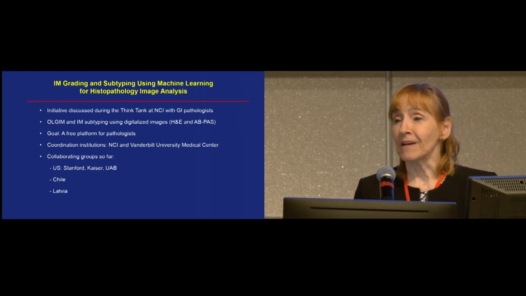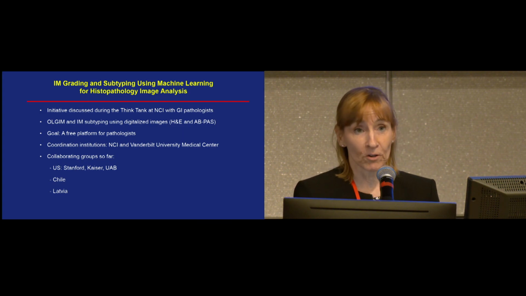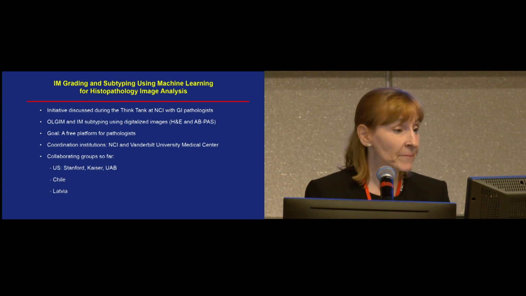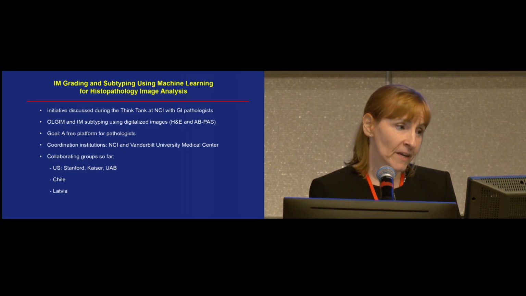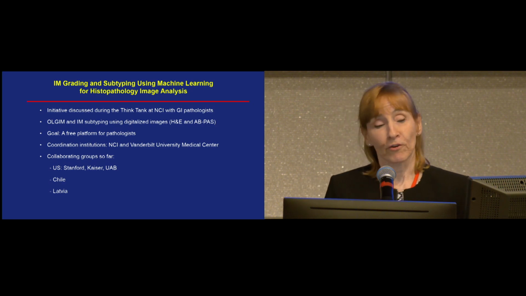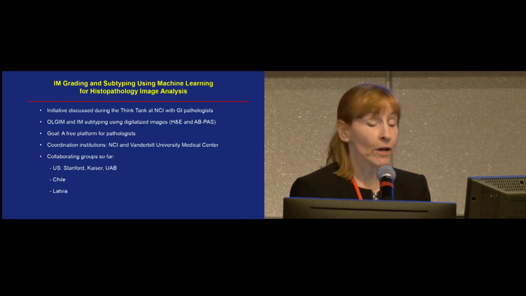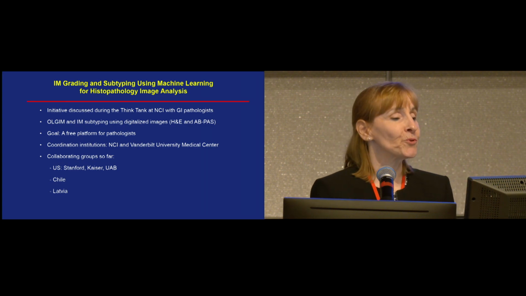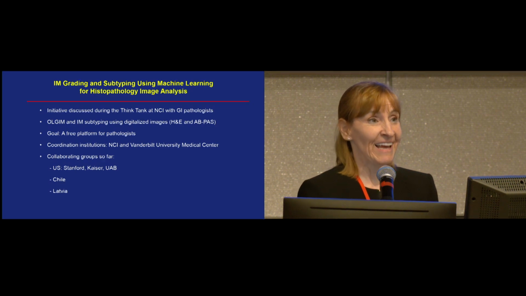So this was an initiative discussed during the think tank and NCI with the pathologists Kay Washington and Robert Genta. And the idea would be to do the OLGIM and subtyping of metaplasia using the images. So we will need for that H&E and Alcian Blue Pass. And the ultimate goal is to build a free platform for pathologists. This is in the ideal world.